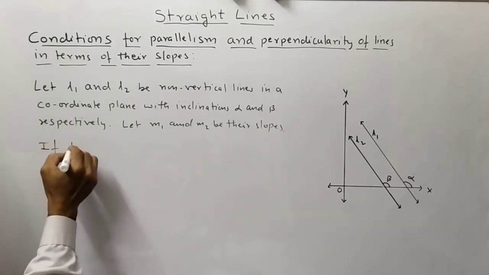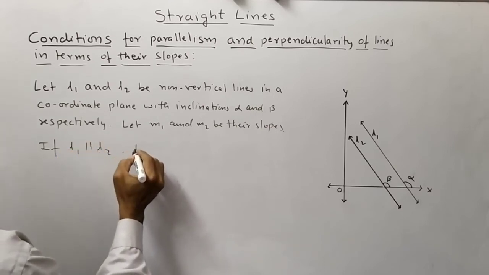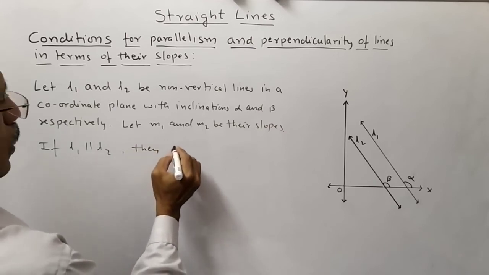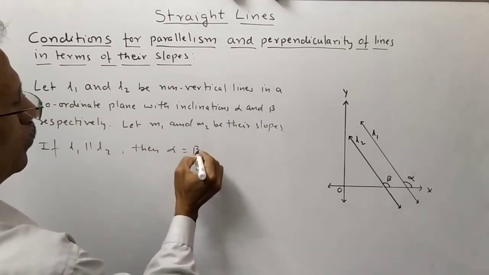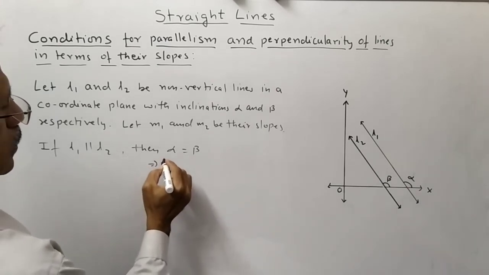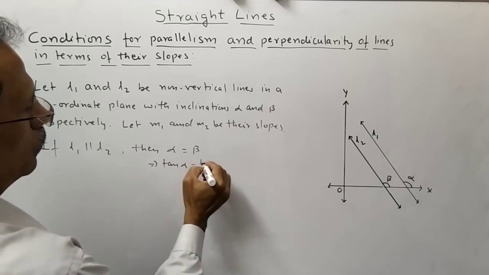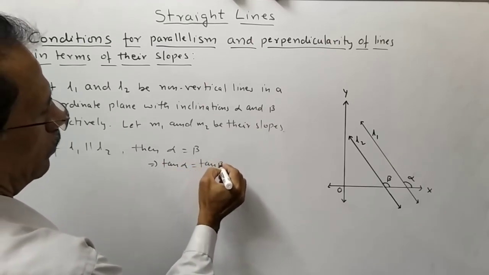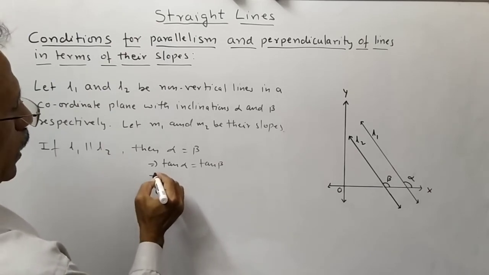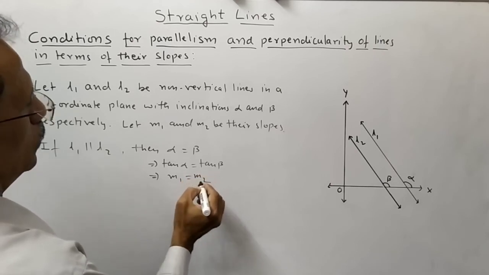If L1 is parallel to L2, then alpha is equal to beta. This implies tan alpha is equal to tan beta, implies m1 is equal to m2.